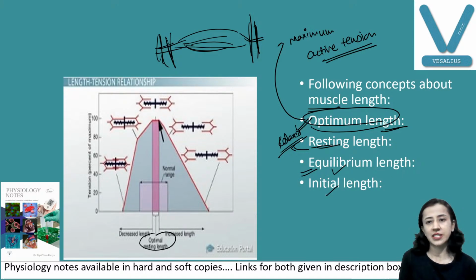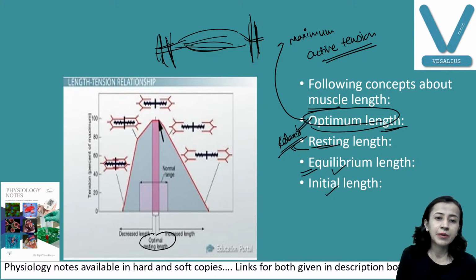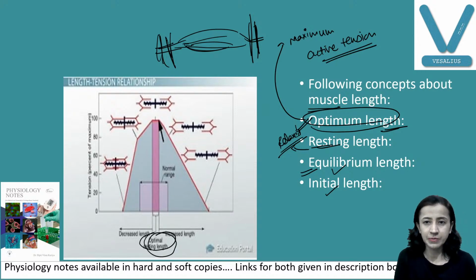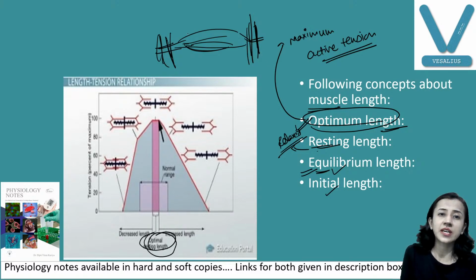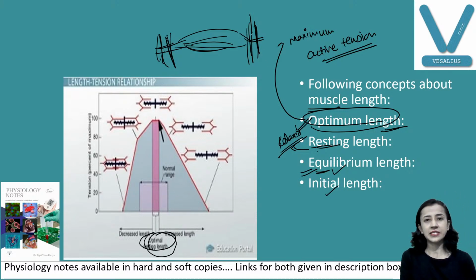So there are four types of lengths, try to remember. One is optimum length, the length of the muscle at which maximum active tension is developed. Second is resting length; in the resting situation, most of the time resting length is equal to optimum length. Next is equilibrium length, when the muscle is cut free from the bony attachments. And initial length, when the muscle starts contraction.